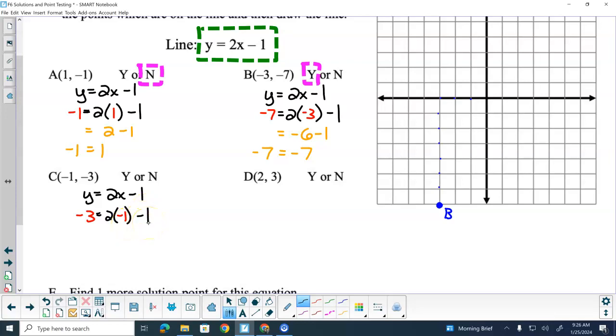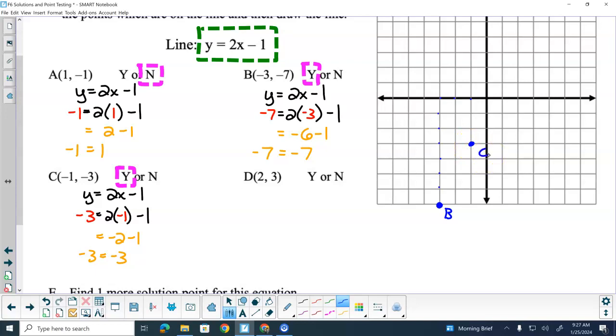Equal 2 times negative 1, negative 2. Negative 2 minus 1, negative 3. Is negative 3 equal to negative 3? Yes. So this point is on our line. So graphing the point negative 1, negative 3, left 1, down 3, that would be my point C.